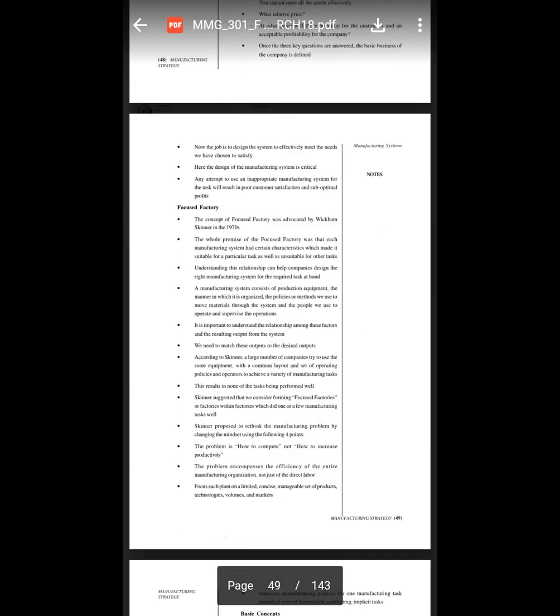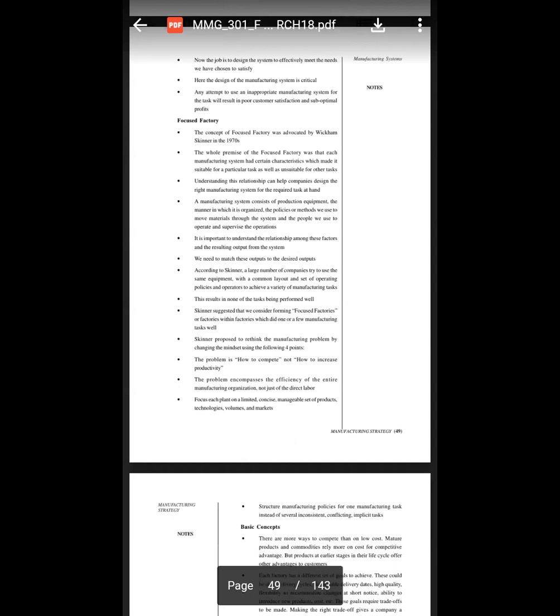Now the job is to design the system to effectively meet the needs the company has chosen to satisfy. Here the design of the manufacturing system is critical. Any attempt to use an inappropriate manufacturing system for the task will result in poor customer satisfaction and suboptimum profit.